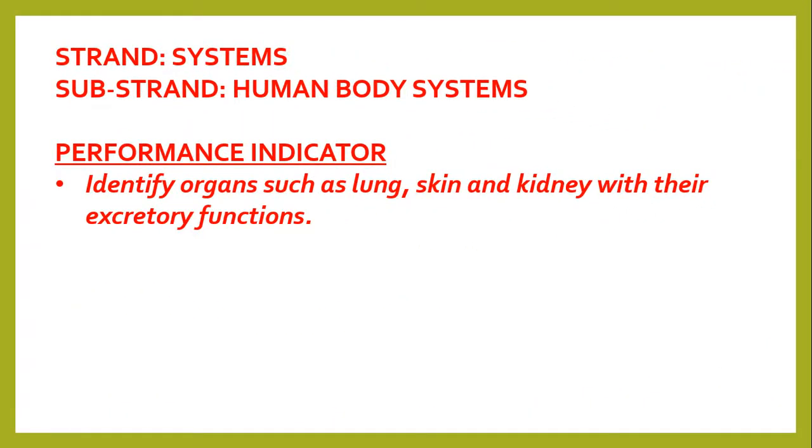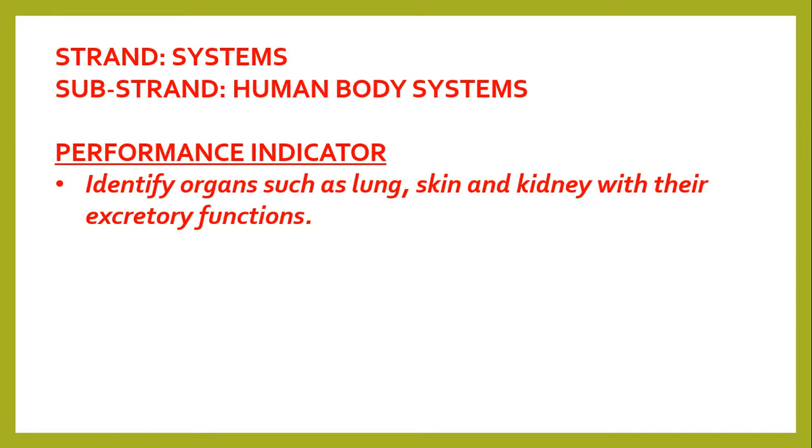We're still under the substrand human body systems, a topic we began with in our previous lesson. In a previous lesson, we touched on some essential keywords that you need to understand in order to understand the topic itself.